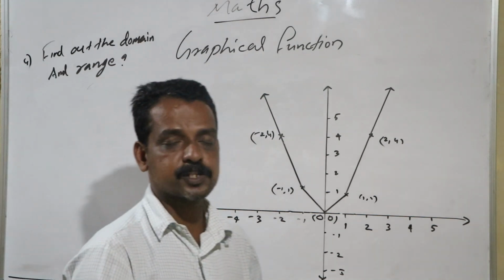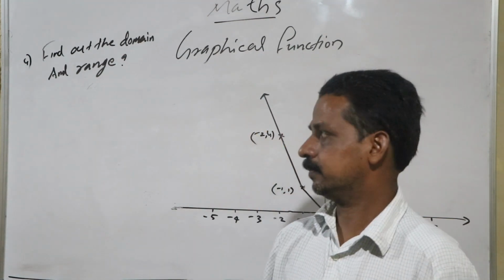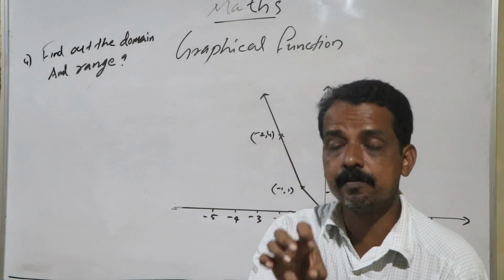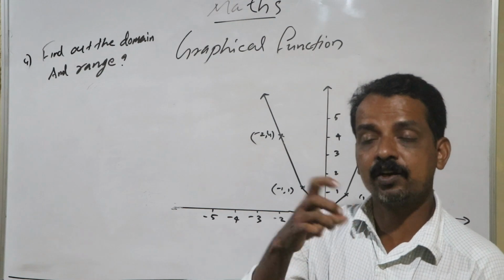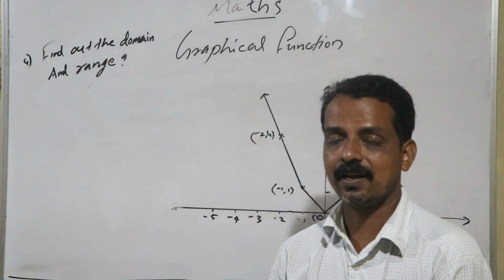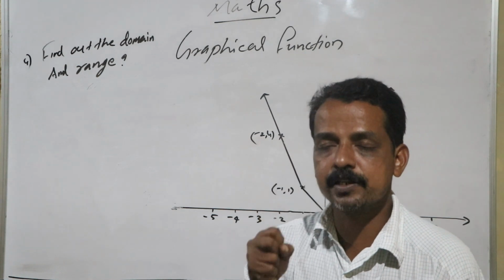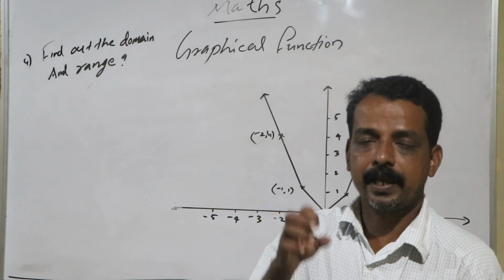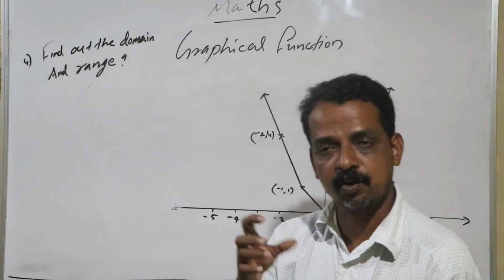Okay, here we must find the domain and the range. The question gives the graph. We know what the domain is and what the range is. The x elements, the x representatives in a graph, are the domain.